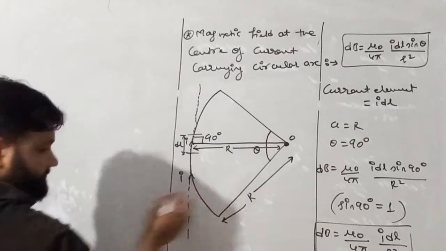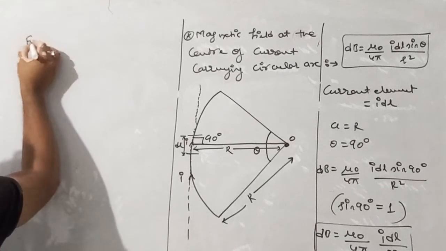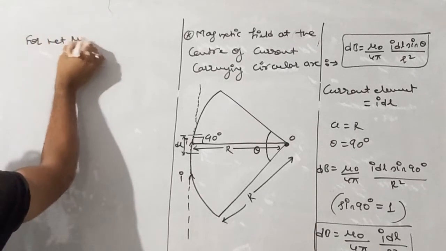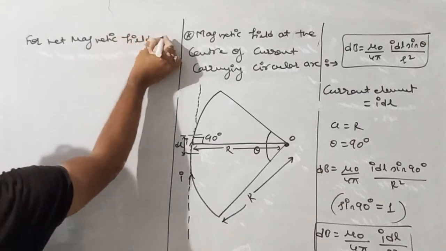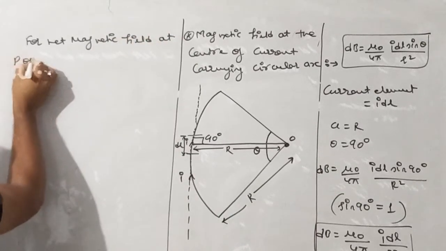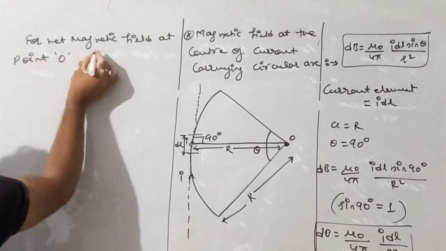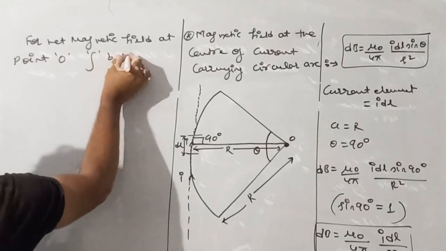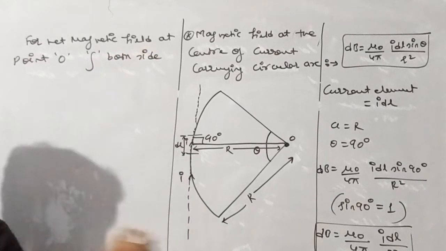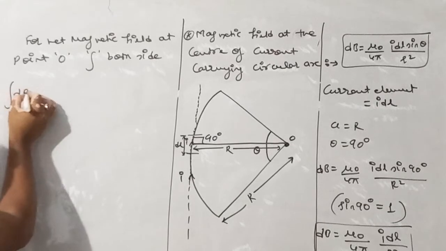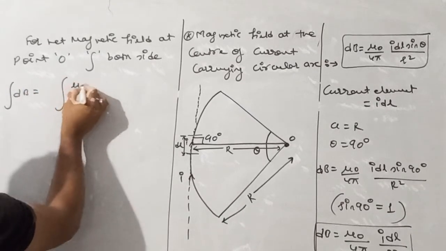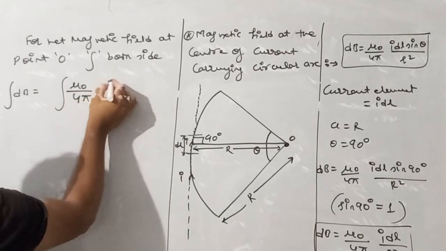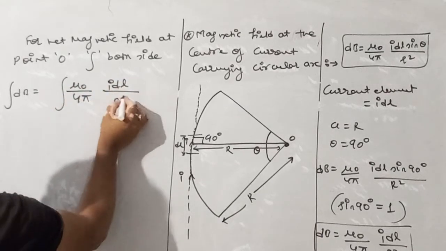Now for finding the value of net magnetic field for the total current carrying arc, we have to integrate this. So for net magnetic field at point O, integrating both sides. Integration of dB is equal to integration of mu naught upon 4 pi I dl over r square.